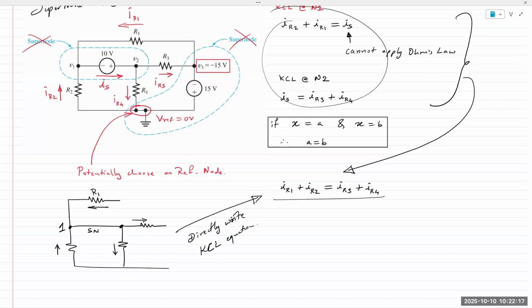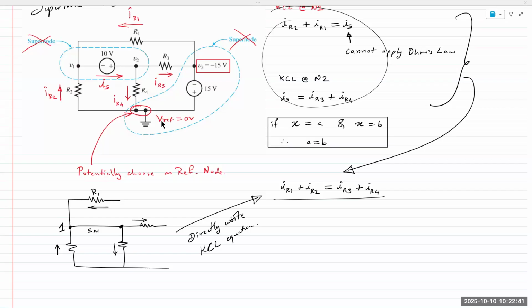Yes. Or IR1. For IR1, it's V3 minus V1. Yes. That doesn't change.